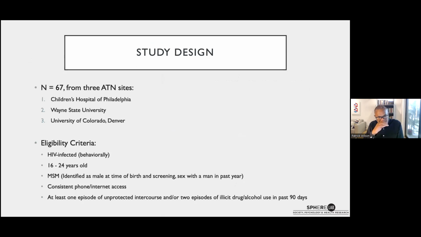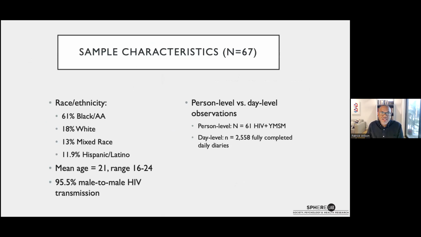So our sample size was somewhat small, just an N of 67 from 3 different sites. You can see what the eligibility criteria were there. But one of the great things about diary data, and we're still looking at this data even today, is that we get so many observations while we don't have a huge sample size.